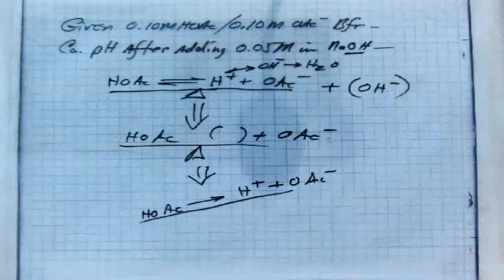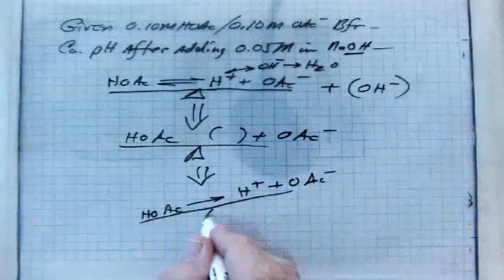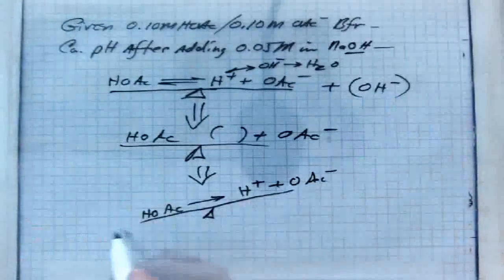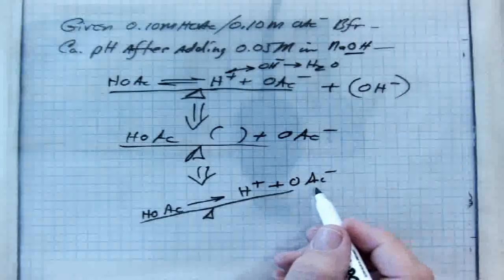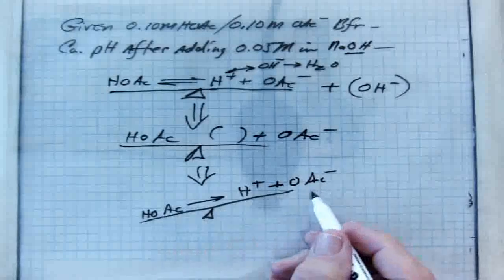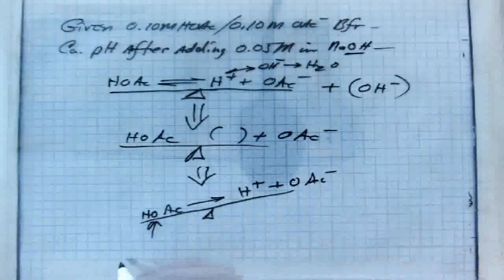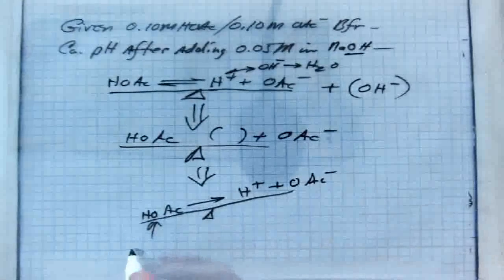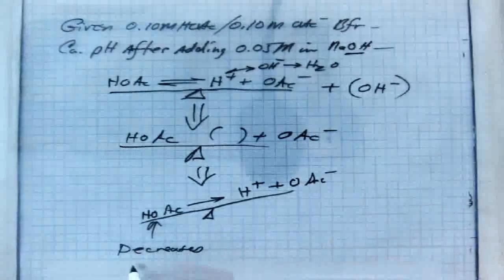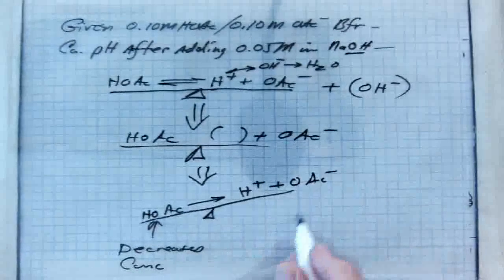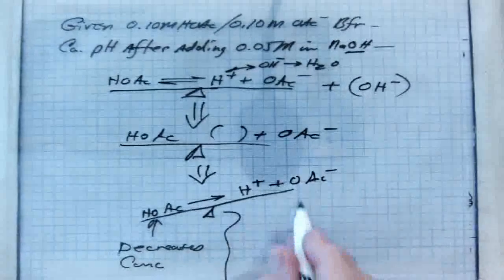And so solving for X, which will be our new hydronium ion concentration, 0.08 times 1.8 times 10 to the minus 5 divided by 0.12, and all that's in moles per liter. And so we'll see what the new hydronium ion concentrations are in this case.